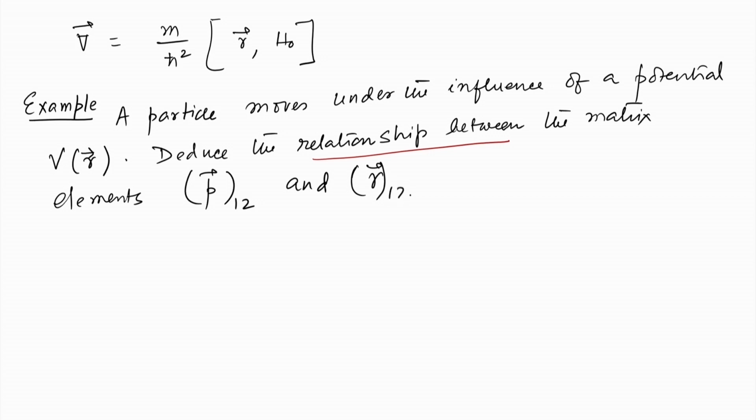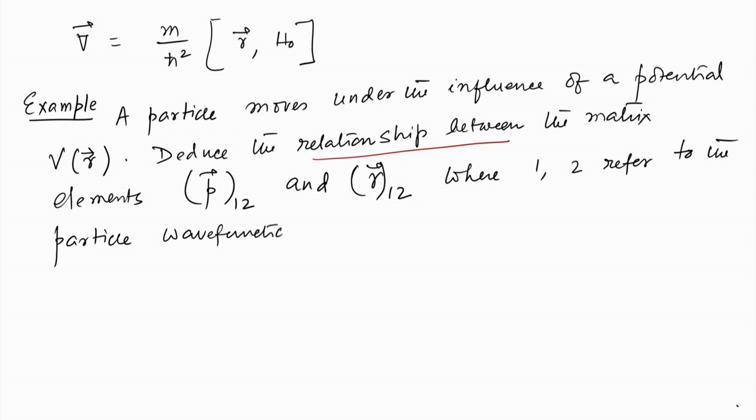Here 1 and 2 refer to the particle wave functions with energies E 1 and E 2. Okay. So, the problem is actually simple, nothing much needs to be done.